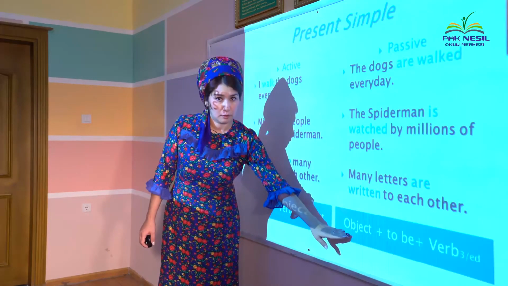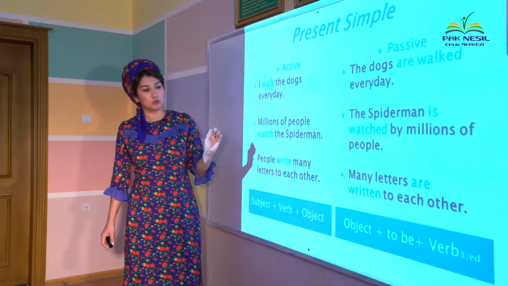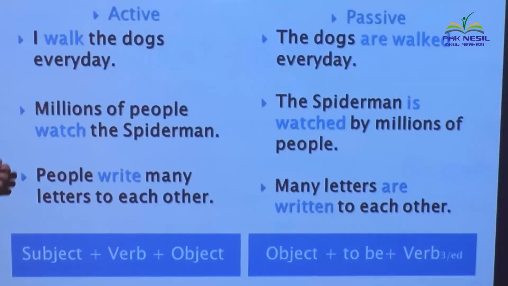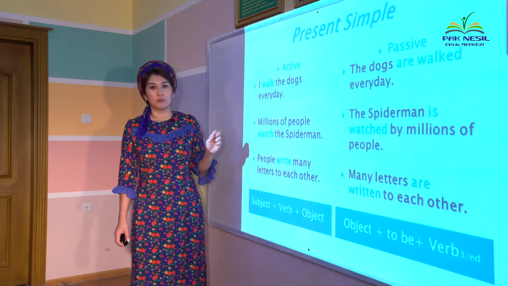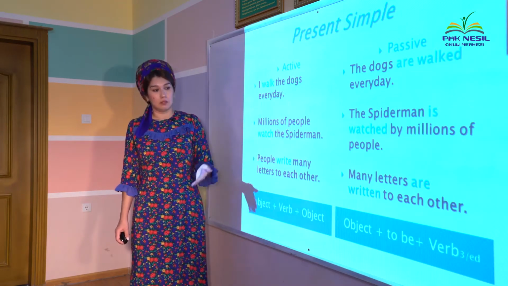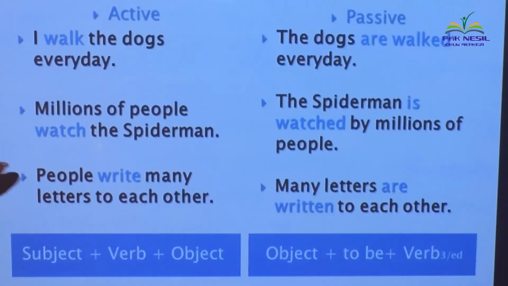So first you have the object, then you write the verb to be, yes, am, is, or are. It's up to the person, singular, plural, and so on. And then you write verb 3, the past participle. That is the main verb, right? So let's continue. That was the present simple tense.